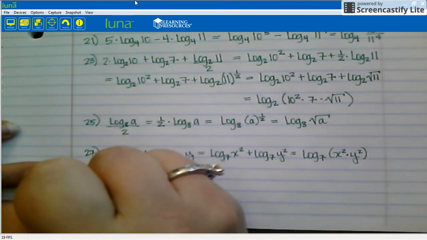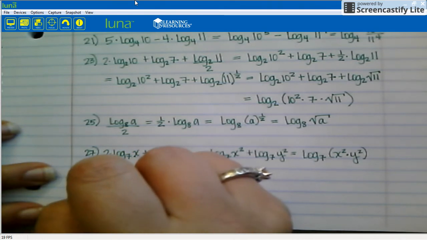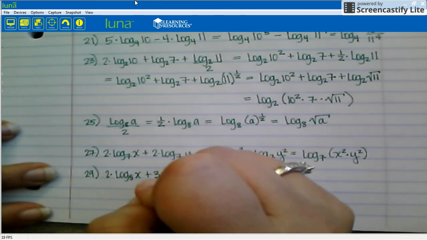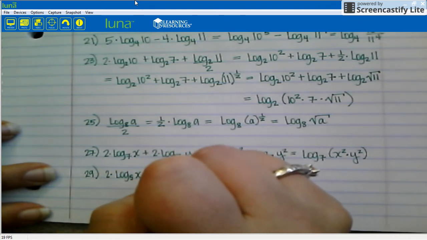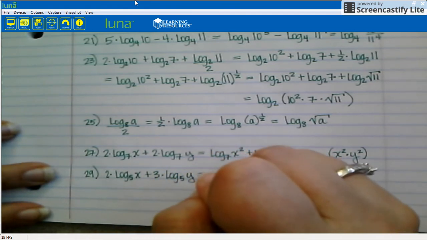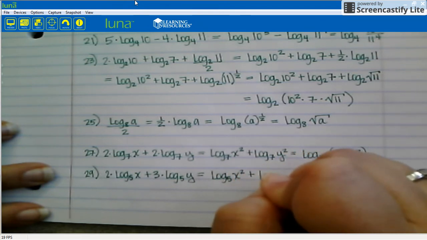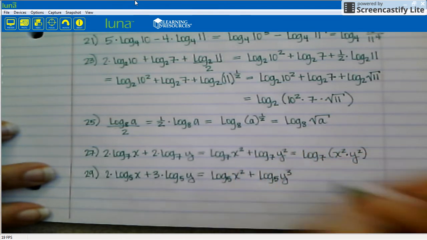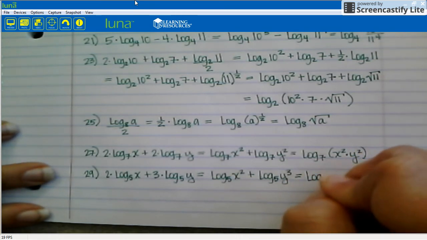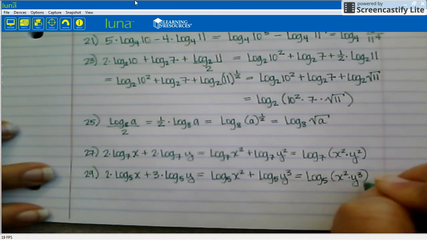For 29, we have 2 times log base 5 of x plus 3 times log base 5 of y, which is equal to log base 5 of x squared plus log base 5 of y cubed. And using the product property, this is log base 5 of x squared times y cubed.